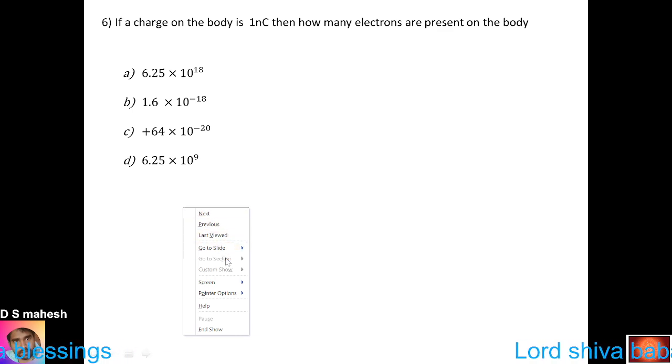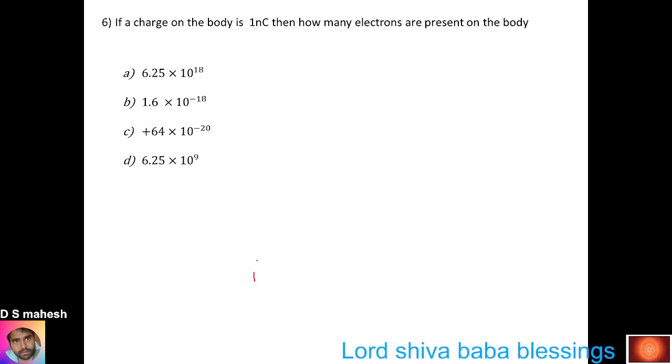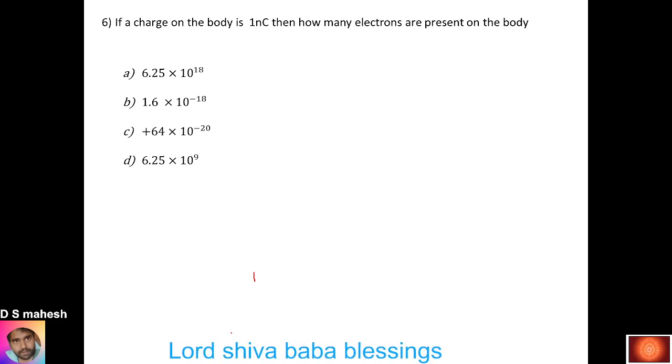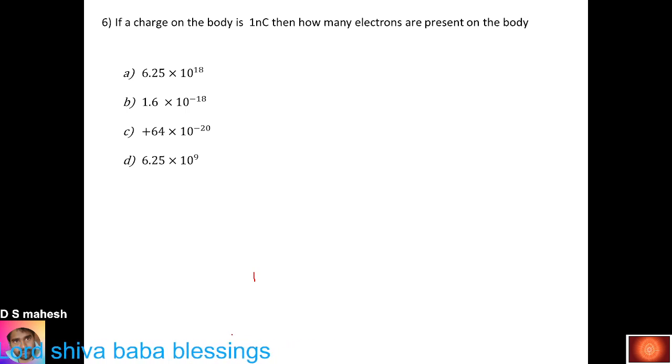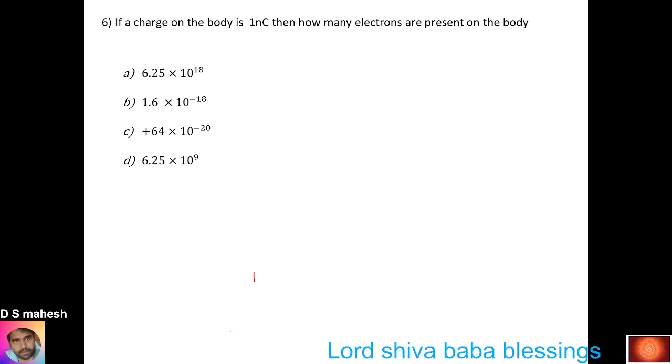The next question is, a charge on the body is 1 nanocoulomb. Then how many electrons are present on the body?